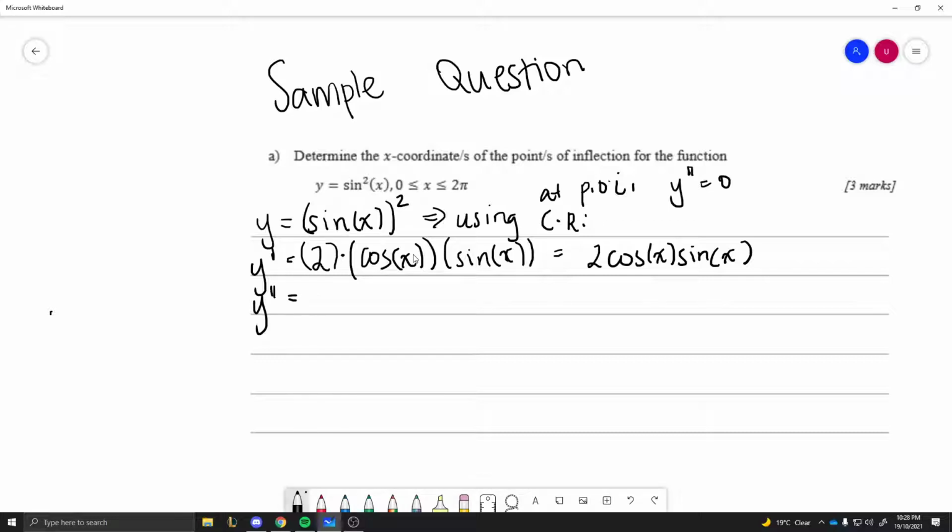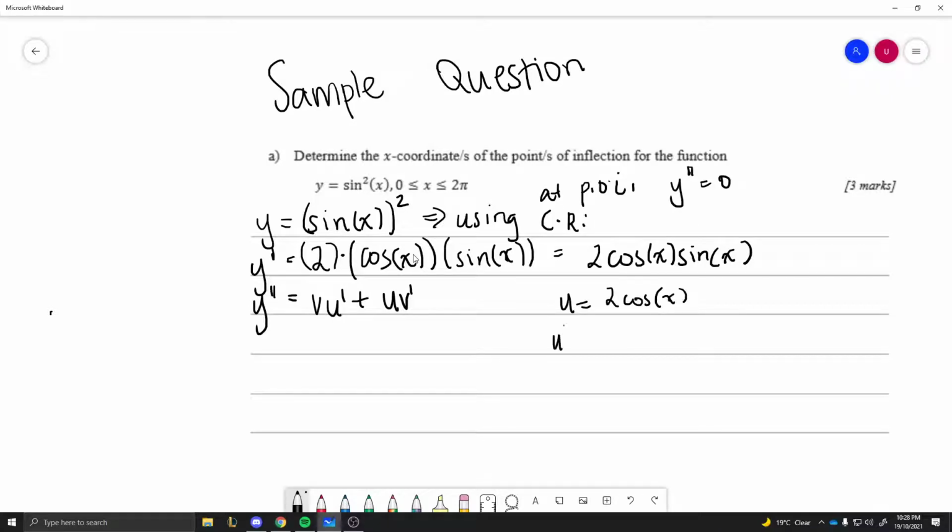We're going to need to use the product rule, because we have two functions with x. So it's v u dash plus u v dash. u is our first function and v is our second function. So u is equal to 2 cos x.